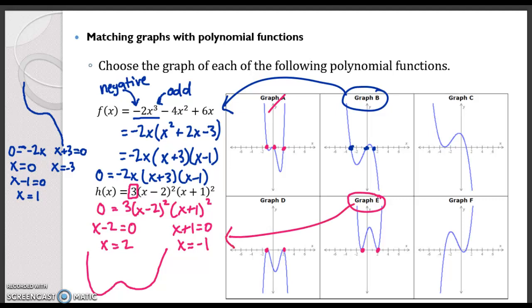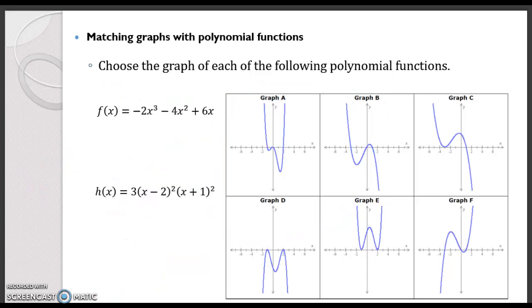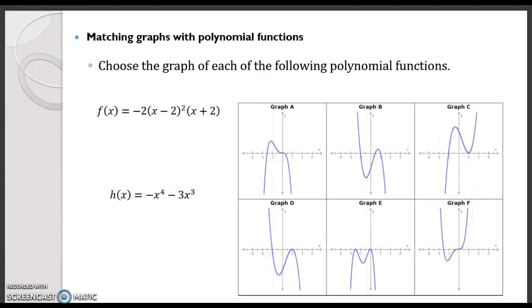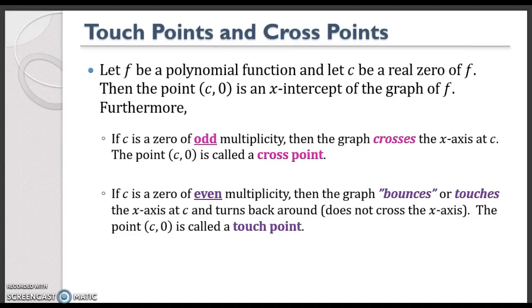Now I also want to talk about something called multiplicities of our zeros. So a multiplicity means that we might have a zero multiple times.